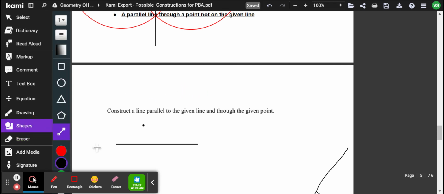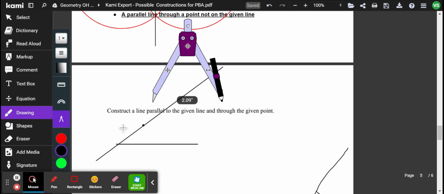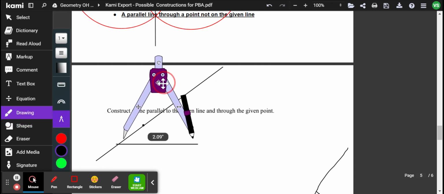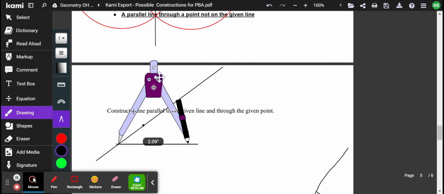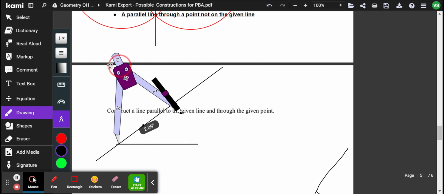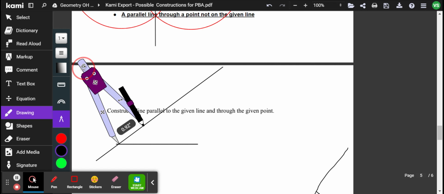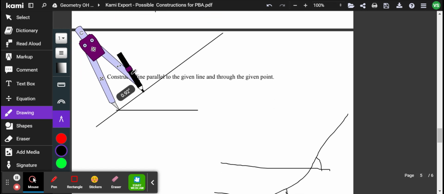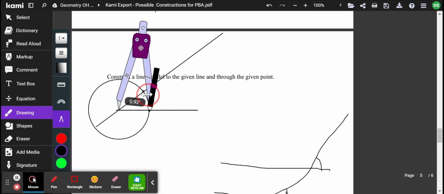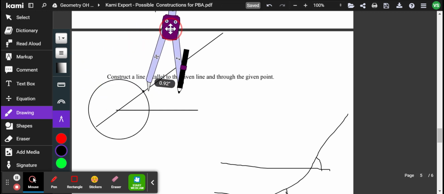So let's do that again. Once I get my transversal there, I will get my compass and I will come here and make a circle of radius this distance, right? Once I make that circle here, I will make a second circle of the same radius.